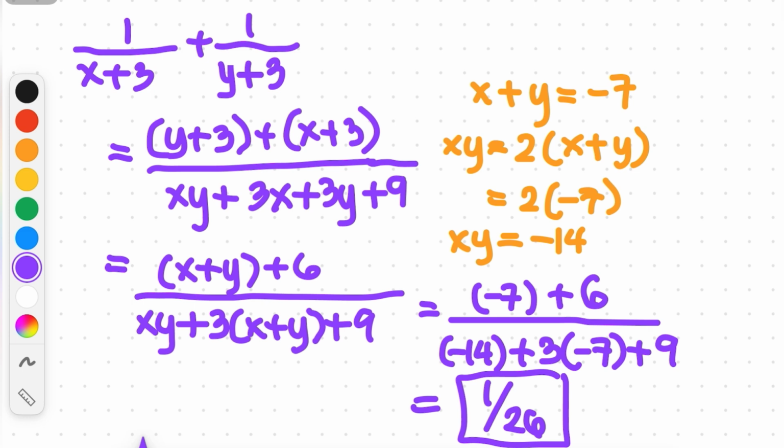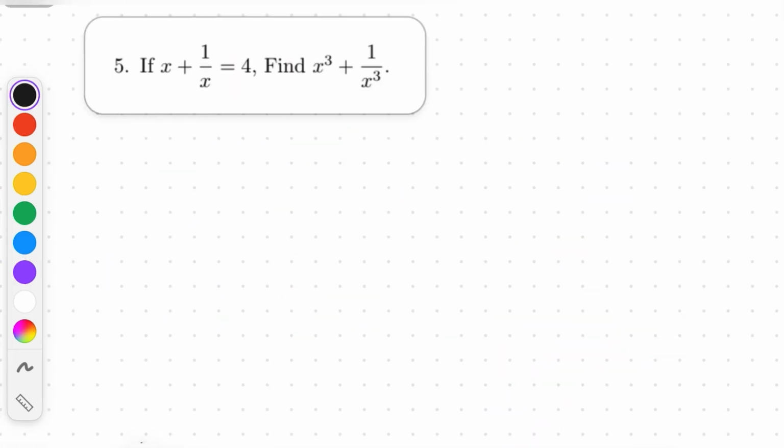There you go. Question number 5. If x plus 1 over x equals 4, find x cubed plus 1 over x cubed.